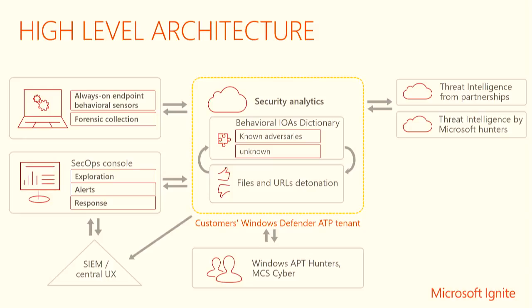This is also where we do the file detonation, and this file and URL detonation is actually shared with Office ATP as well. So it's all happening in one big happy family. Into the security analytics tier, we have our threat intelligence from partnerships. One of those partnerships is FireEye iSight. So when you subscribe to Windows Defender Advanced Threat Protection, you also get the IOCs and threat intelligence from FireEye iSight.